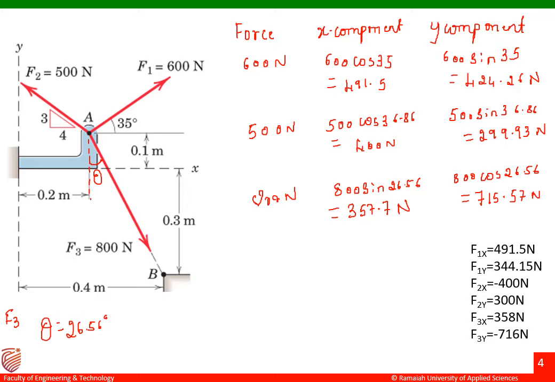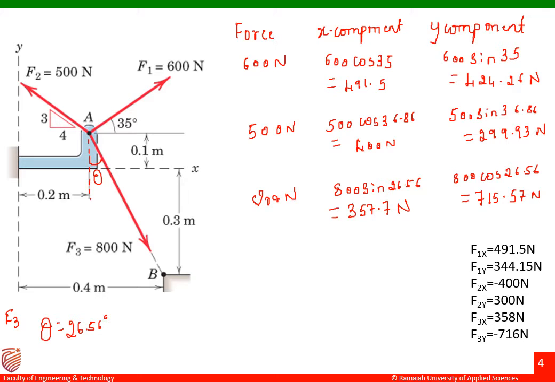What we have to do is, first we have to identify what are the angles made by each force. Then we have to prepare a table. My first column would be force, second column would be x component, and the third column would be y component. Then we have to make sure what is the angle made by each force, whether it is with respect to the horizontal or with respect to the vertical.